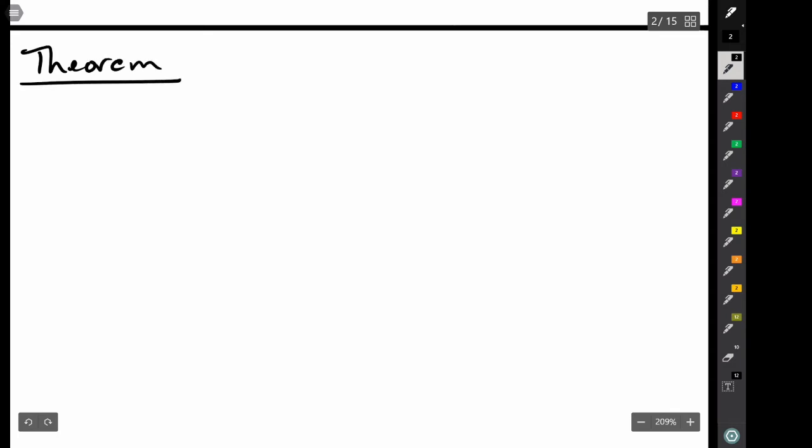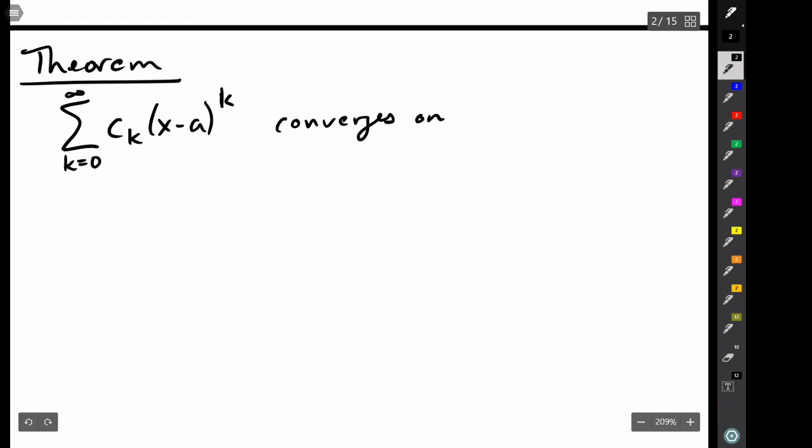All right. So let's say that we have the series sum of c_k (x minus a)^k, and let's say this converges on, I'm going to write in the 0 to infinity stuff here, let's say this converges on |x minus a| less than r.